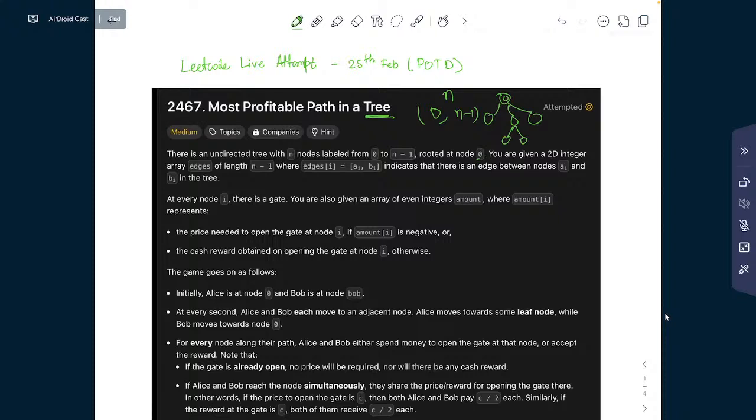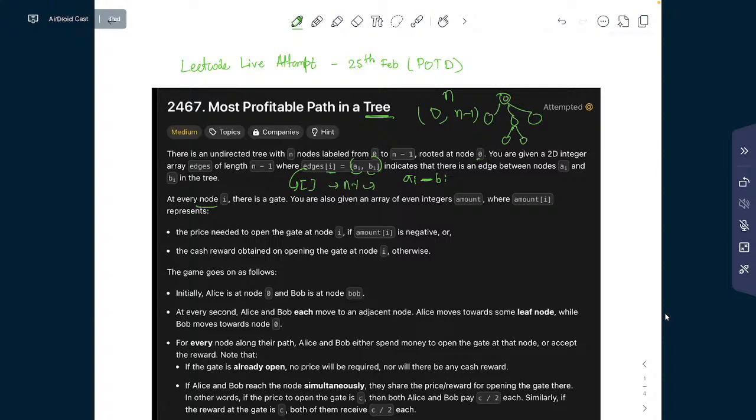You are given a 2D integer array edges, which has length n minus 1, where edges[i] is itself an array, and it indicates that there is an edge between node ai and bi in the tree. Each element is like ai, bi, there is an edge, right?